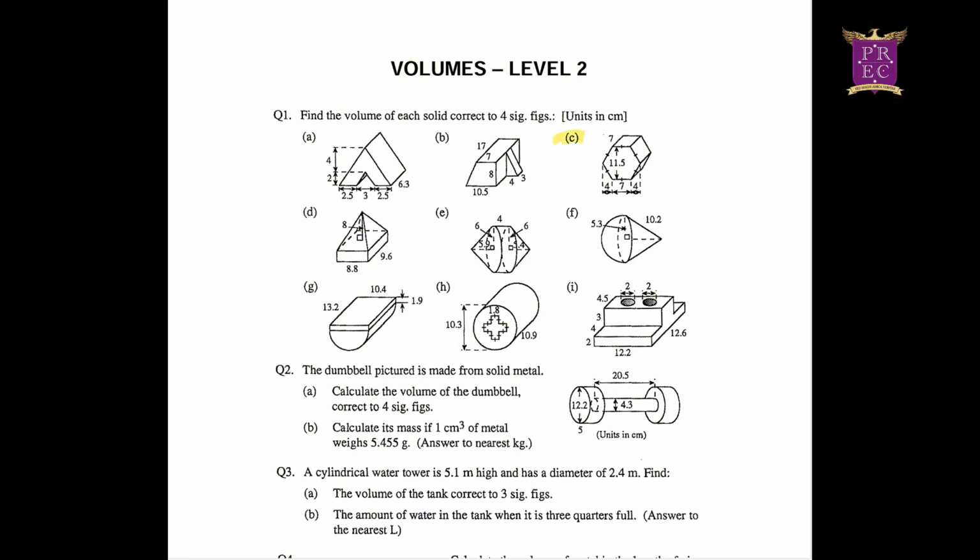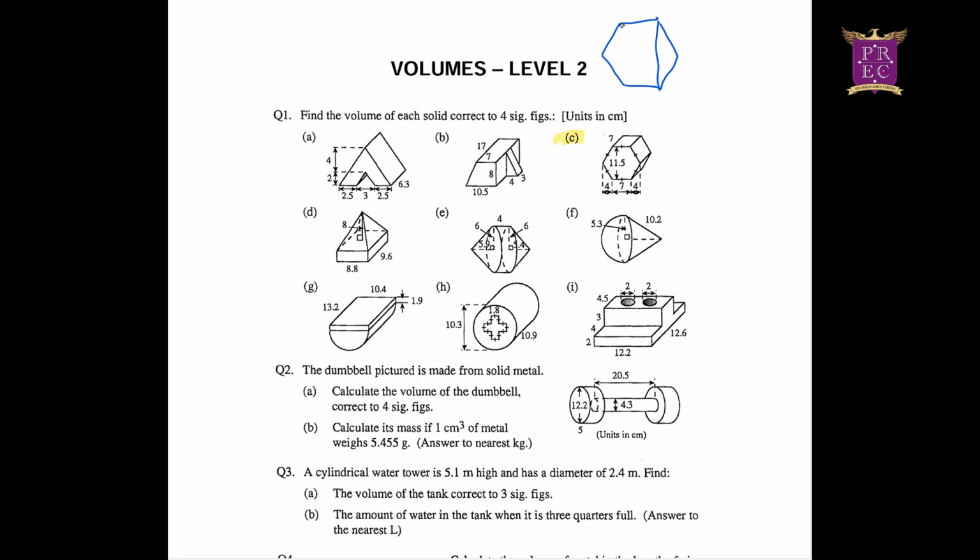This one. Okay, now we've got a hexagonal prism. With hexagonal prisms, what we need to do is find the total area of the front facing side and then times it by the length of the prism. We know that this hexagon can be divided up into 3 things.